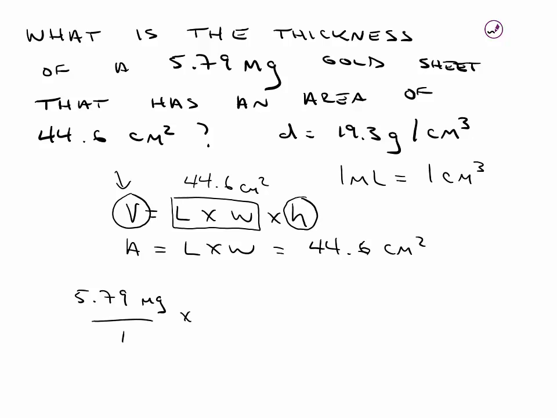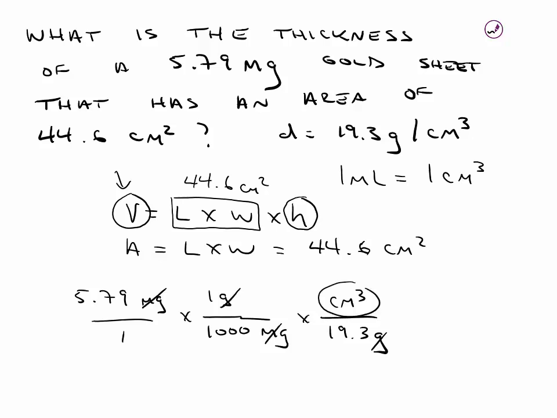So I'm going to convert that into grams. I know that 1 gram has 1,000 milligrams. That will cancel the milligram units. And now I can use the density of the gold, the 19.3 grams per cubic centimeter, as a conversion factor. The cubic centimeters are going to go in the numerator, and the 19.3 grams in the denominator. Grams will cancel.